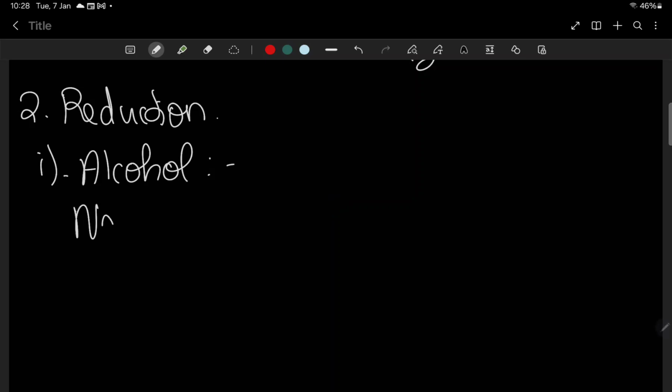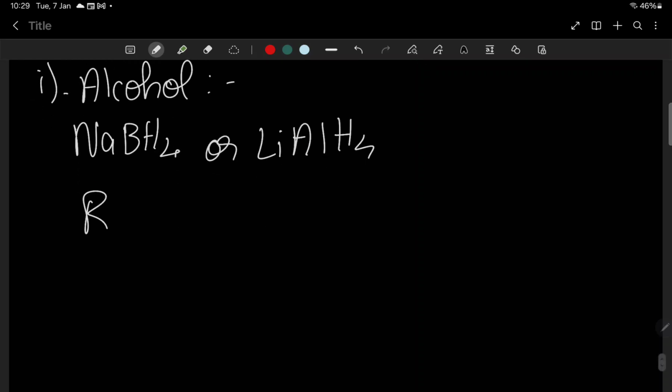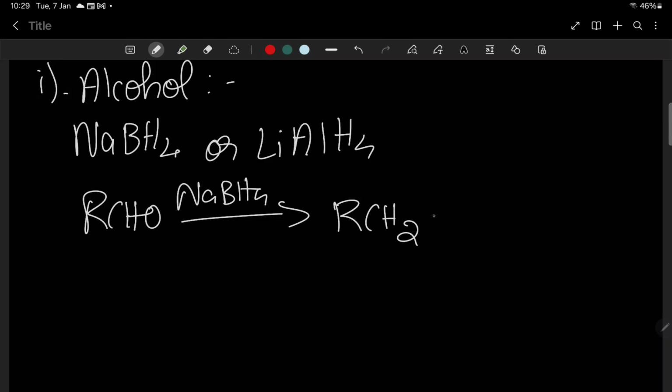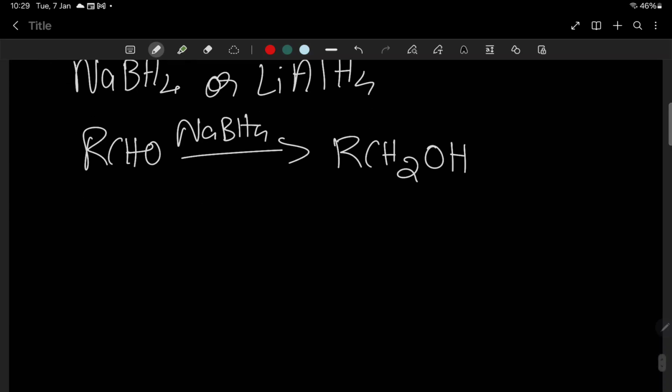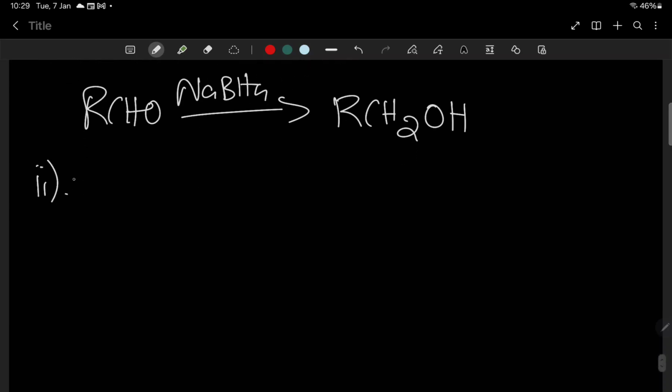There we used NaBH4 or lithium aluminum hydride, etc. We reduced aldehyde, that is RCHO, with NaBH4, and we get RCH2OH. Remember that, reduction to alcohol. If you need to reduce to the respective hydrocarbon, that is benzaldehyde to benzene, or acetaldehyde to ethane, how can we do it?